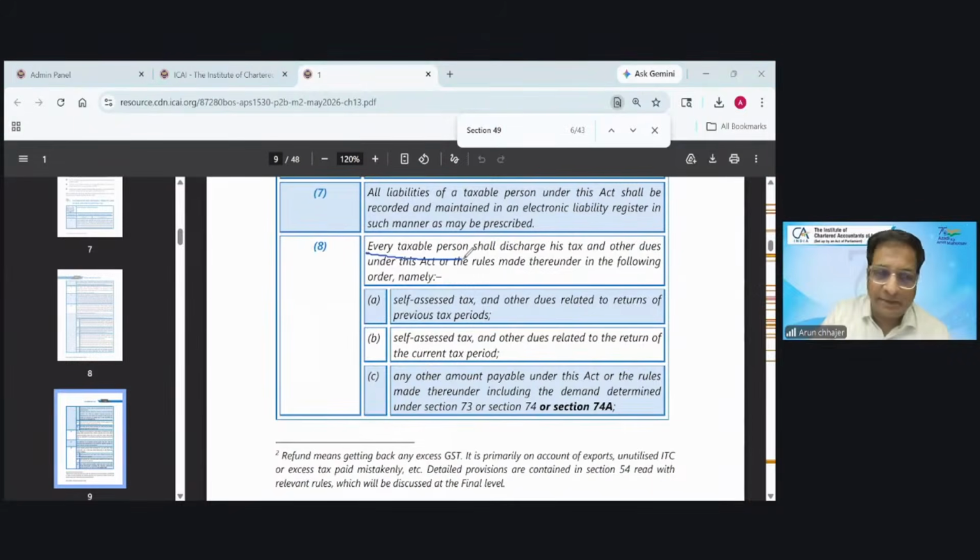Every taxable person shall discharge the tax and other dues under this Act or the rules made thereunder in the following order. It means he will pay the tax in the following manner.